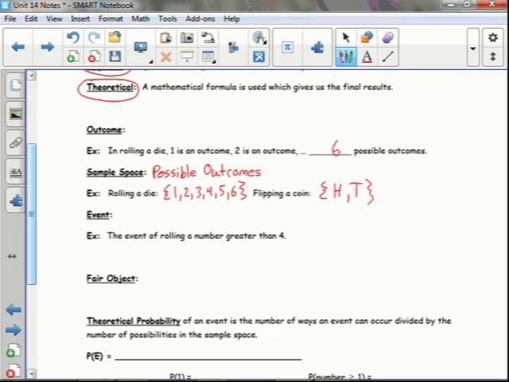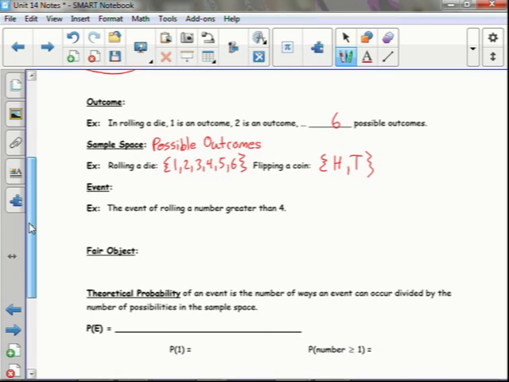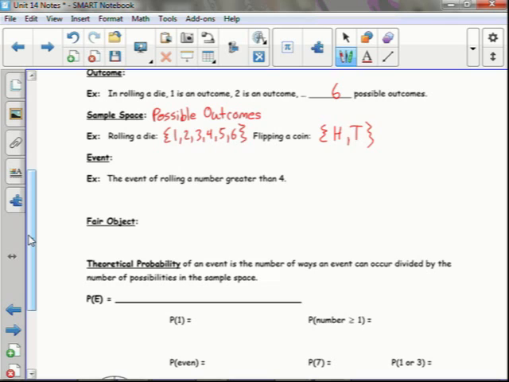And then the event is a specific type of thing, like the event of rolling a number greater than 4. So we do the probability of an event. And that's the notation, capital P stands for probability.